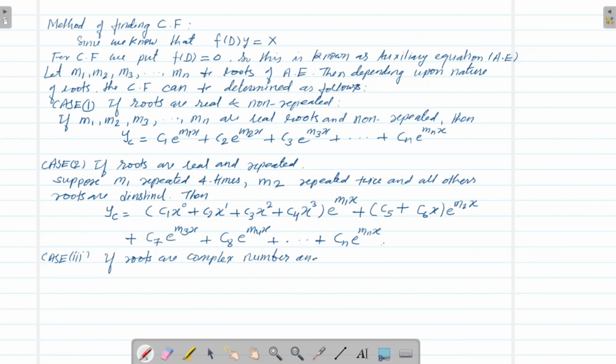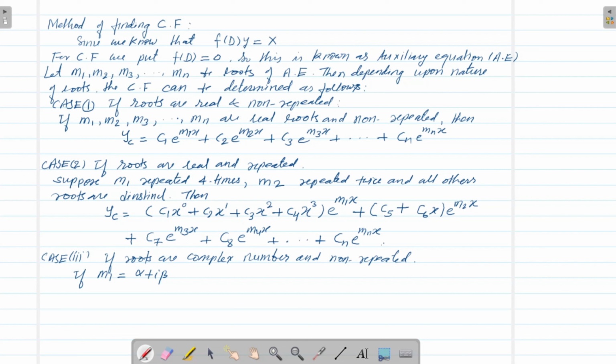Now if m1 is alpha plus i beta, we know alpha plus i beta is a complex number, then for any complex root there will exist its conjugate pair.